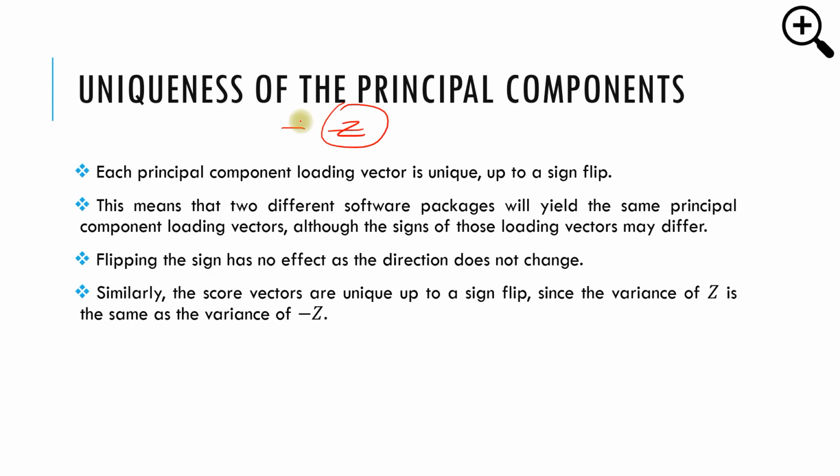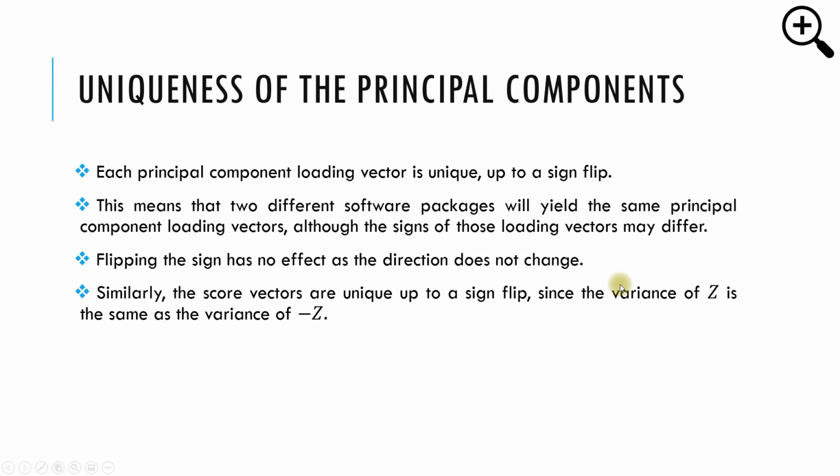It doesn't change, so just bear that in mind. They are unique, they are the same. The interpretation is going to be the same, just the sign may differ, but this does not cause a problem, because in the end it's the same thing in terms of interpretation.